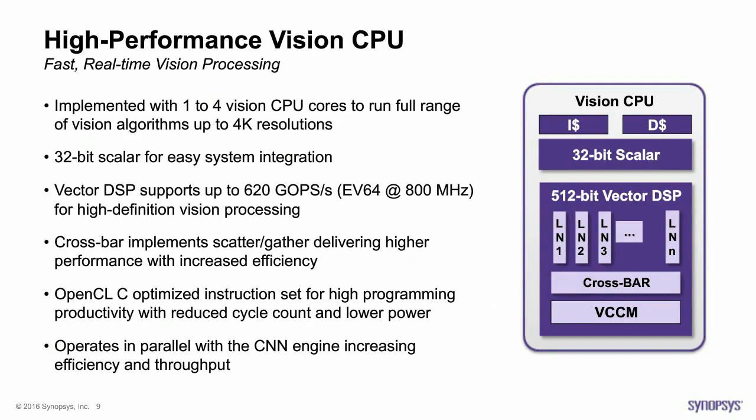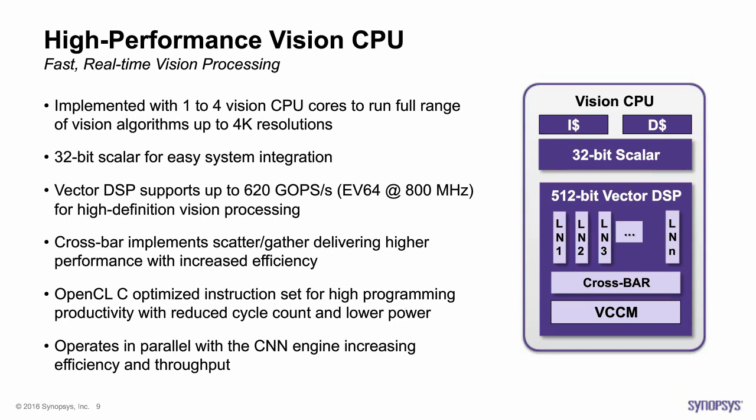So this is drilling in a little bit deeper. This is the vision CPU. Again, these can be implemented with 1 to 4, depending on which of the EV6 processors you get. The EV61 has 1, the EV62 has 2, the EV64 has 4, and these are configurable. So you could configure it with just the 32-bit scalar core if you wanted to use that just for control and communication.